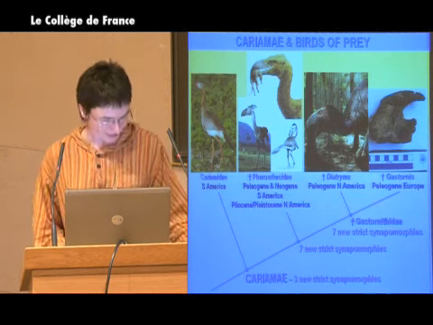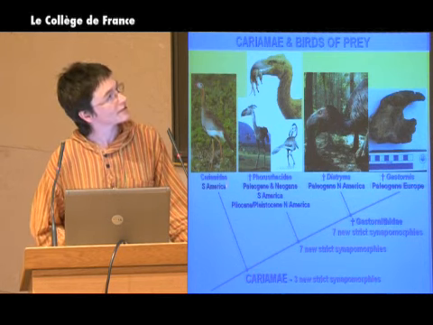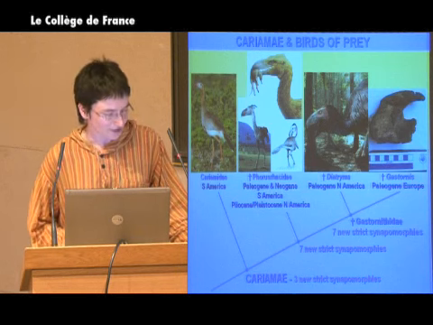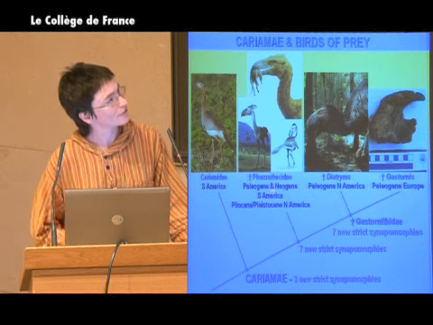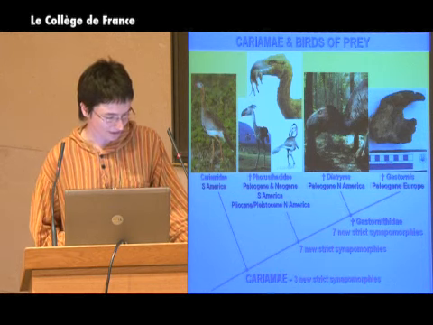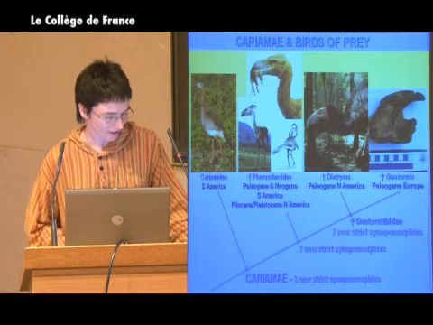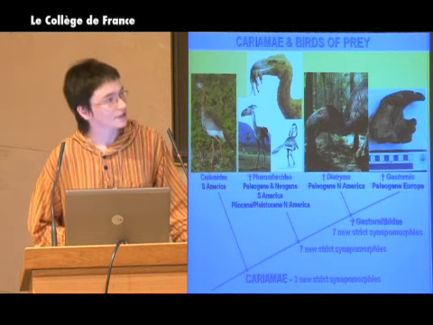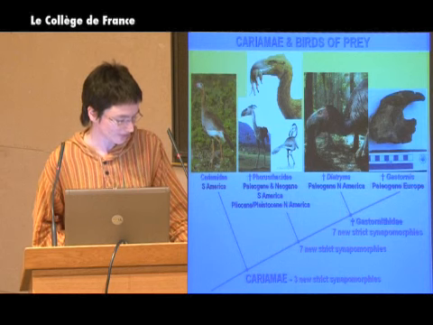Importantly, we provide the best evidence so far for a clade of flightless birds related to living seriemas, the Cariamidae here. So within this clade, the phorusrhacids from South America are sister to a clade including Diatryma and Gastornis, which are the Gastornithids. And this relationship had been suggested before, but with little evidence.